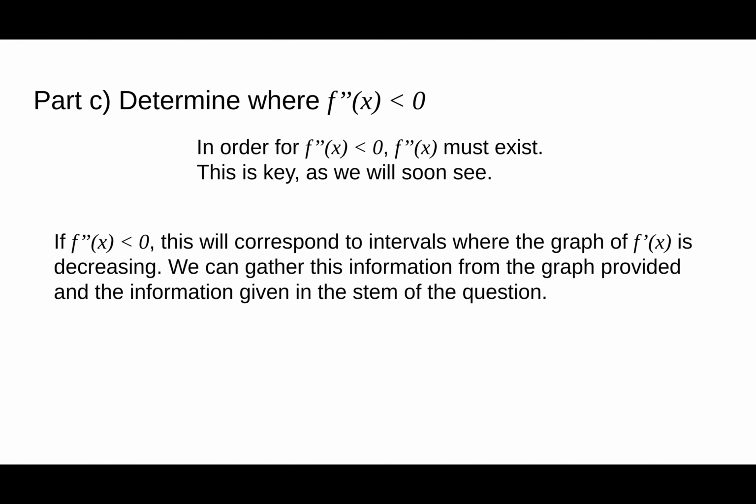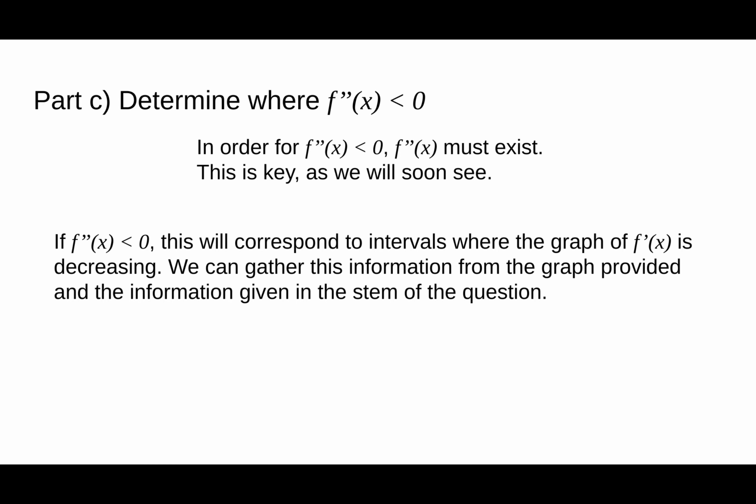If f double prime of x is negative, this will correspond to intervals where the graph of f prime of x is decreasing. And again, we want to tie our conclusions to the information that we are given. We are given the graph of f prime of x, so we always want to make our conclusions based on what that information can tell us.